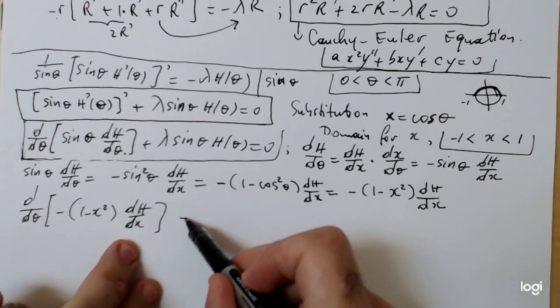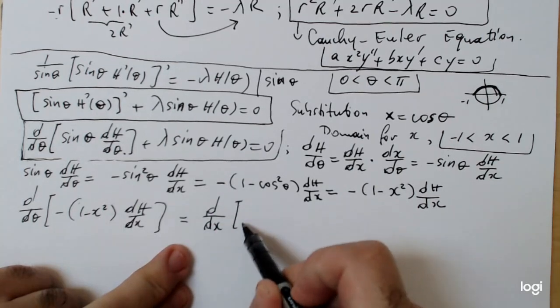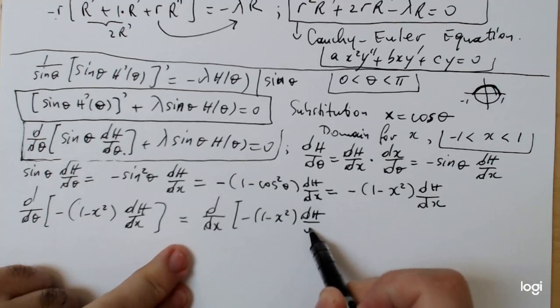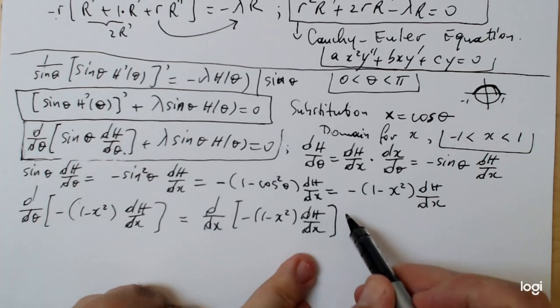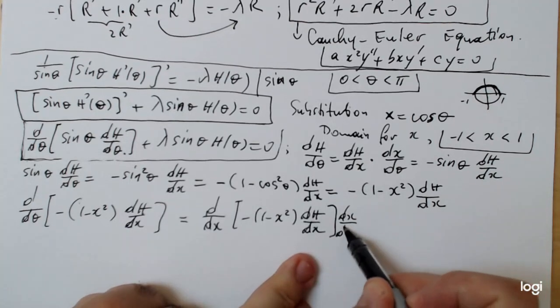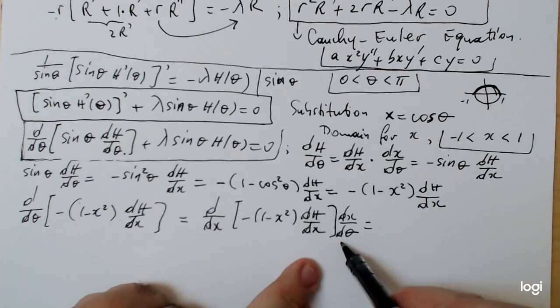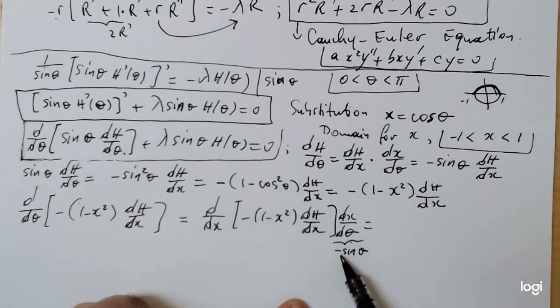That's the derivative with respect to x of the inside times dx d theta, which is again another minus sine of theta. So that's minus sine of theta, and notice now these minus signs cancel out.